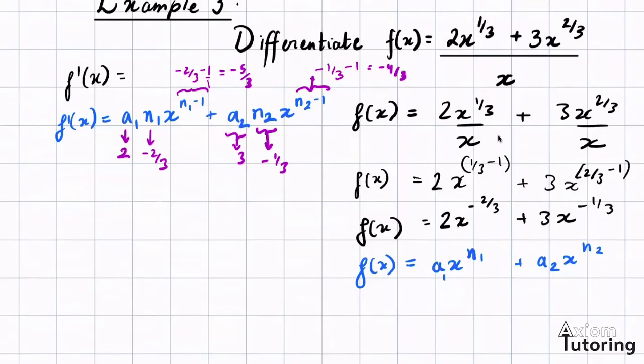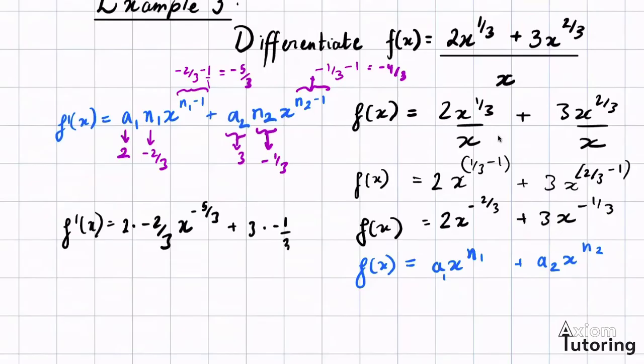Okay, so now let's put those values in to get our derivative. So what is f dash of x? It's 2 times minus 2/3, x to the power of minus 5 over 3, plus 3 times minus 1/3 times x to the power of minus 4 over 3.